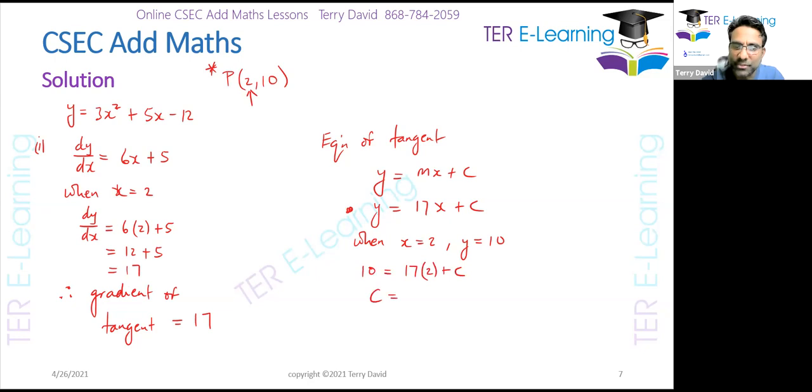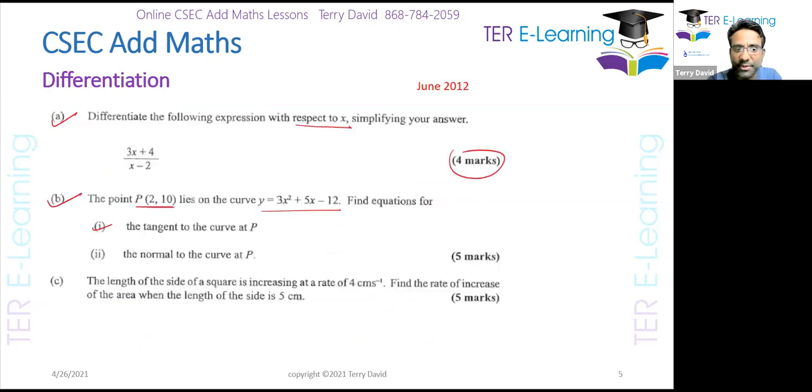Therefore, c is going to be 10 minus 34, which gives me minus 24. So the equation of the tangent is y equals 17x minus 24. That's part 1 of the question. We worked out the equation of the tangent.